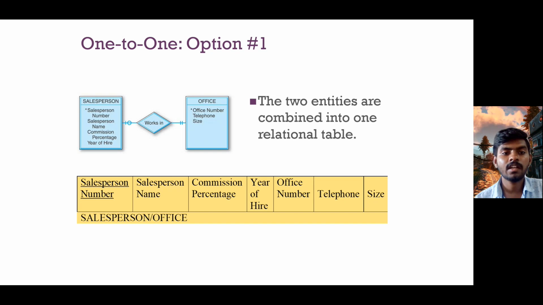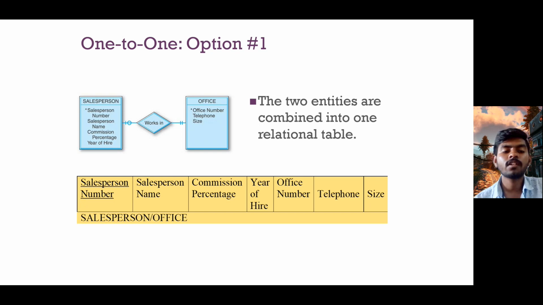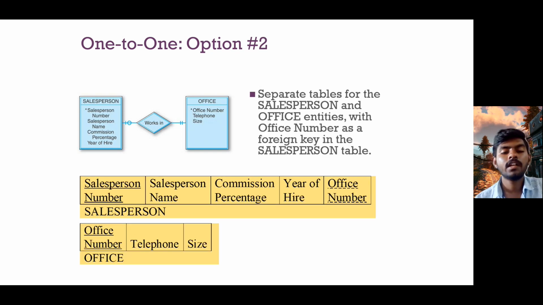And this is option number 2: separate tables for salesperson and office entities, with office number as a foreign key in the salesperson table. In the previous one, we created only one table for both entities, and here we are creating separate tables for the two entities, using the office number as a foreign key.